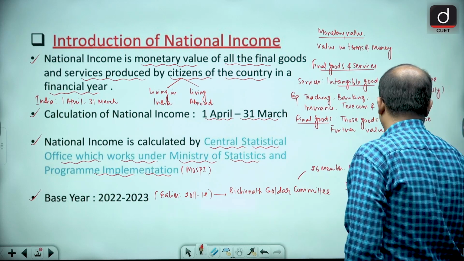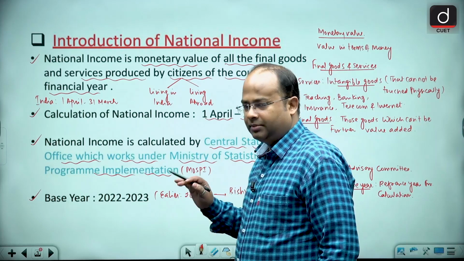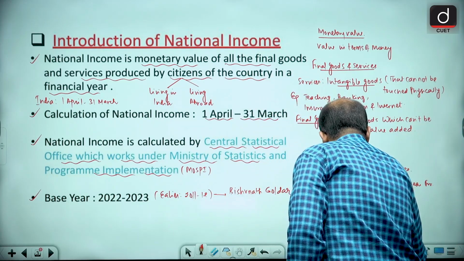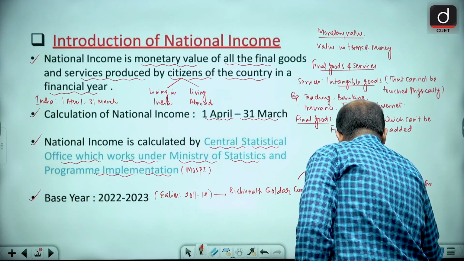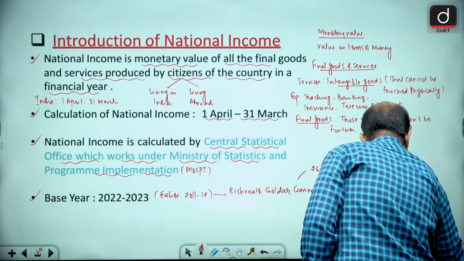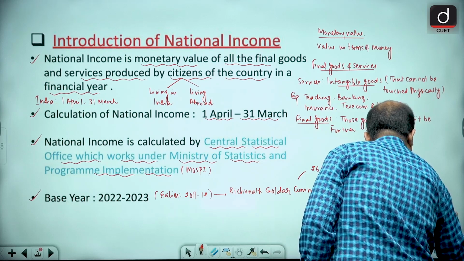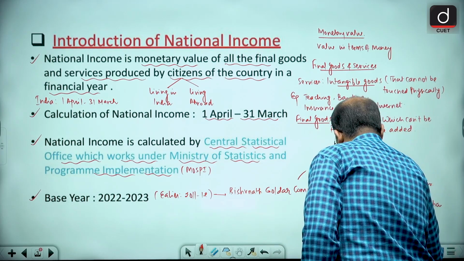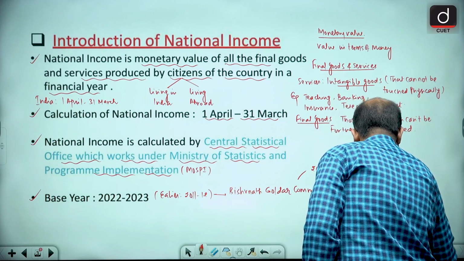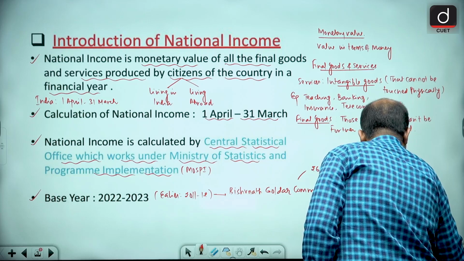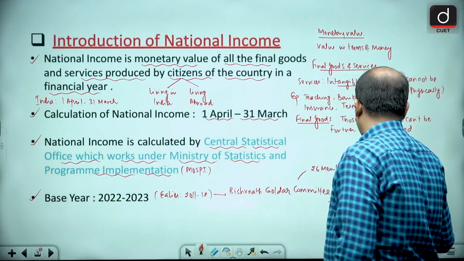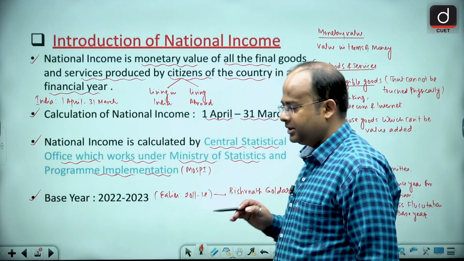The year that shows less fluctuation in the market is taken as the base year.